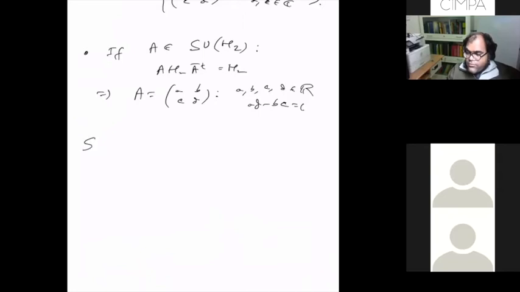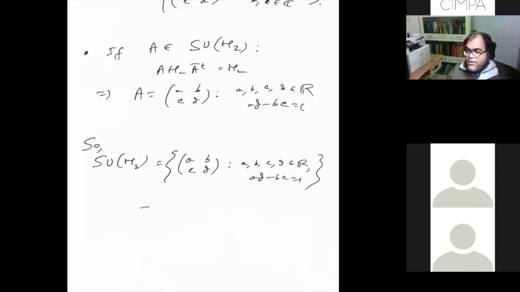This is a very familiar group. This is SL2(R).